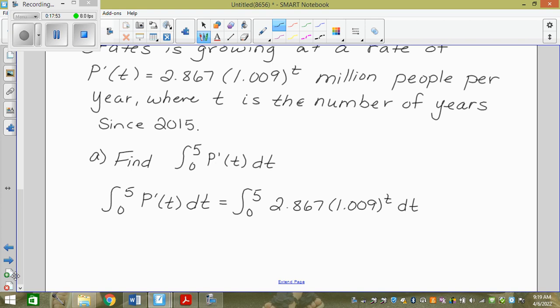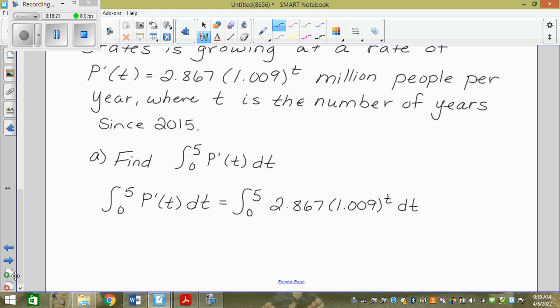The only reason I show them the new one is because it literally looks just like what's on the board. It looks exactly like what's on the board. I put my y equals like the 2.867 times 1.009 to the t.